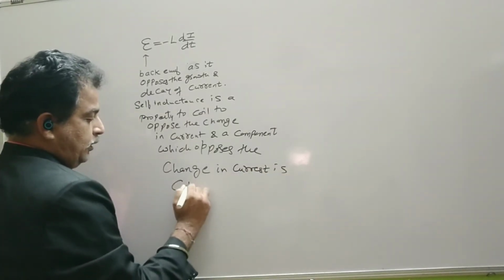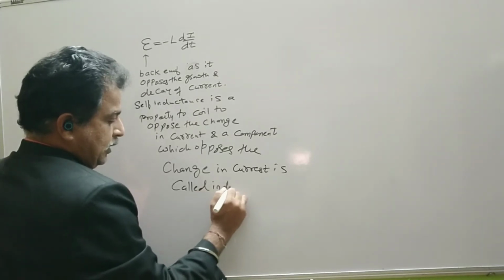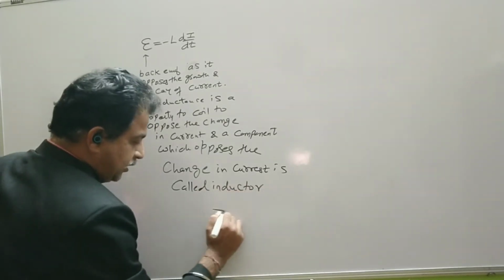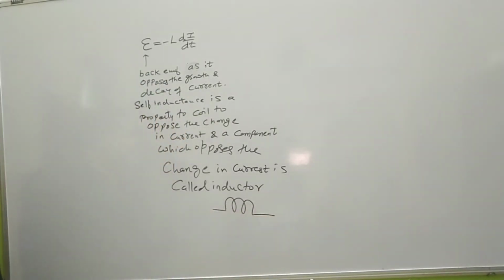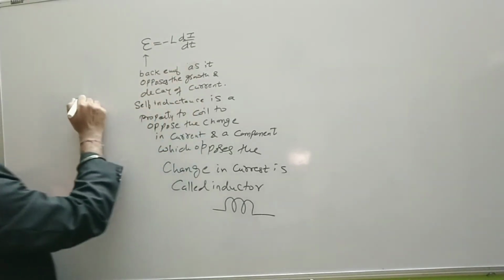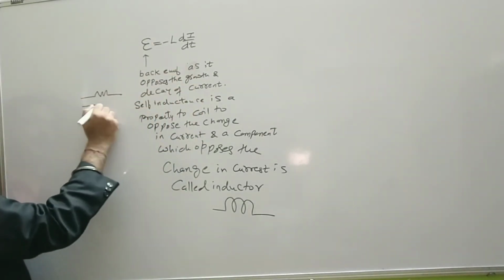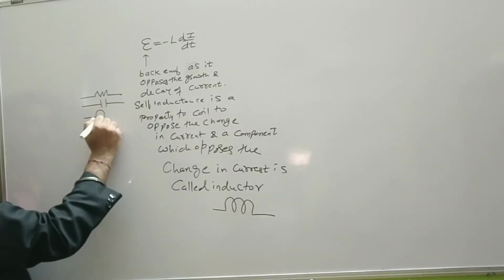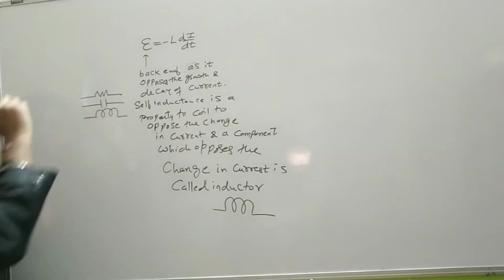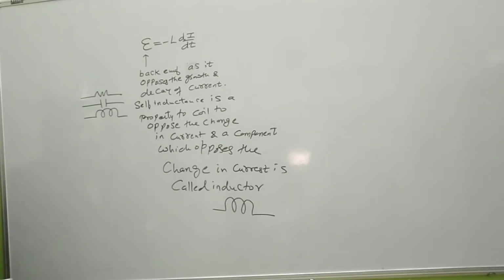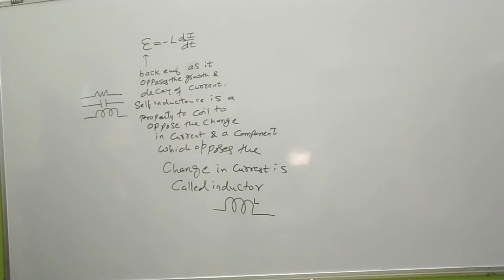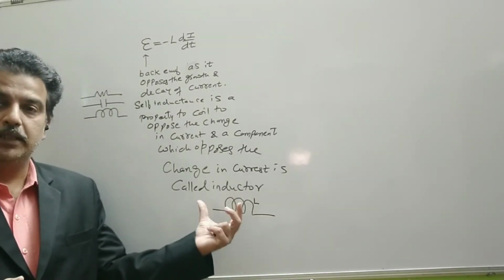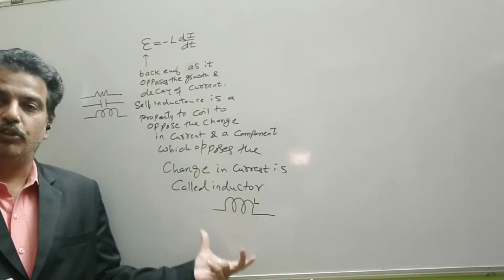Its symbol is like this. We have a symbol for a resistance, for a capacitor, and now for an inductor we make the two coils, and we write an L over this, which indicates the inductor. So it opposes the growth and the decay of the current.